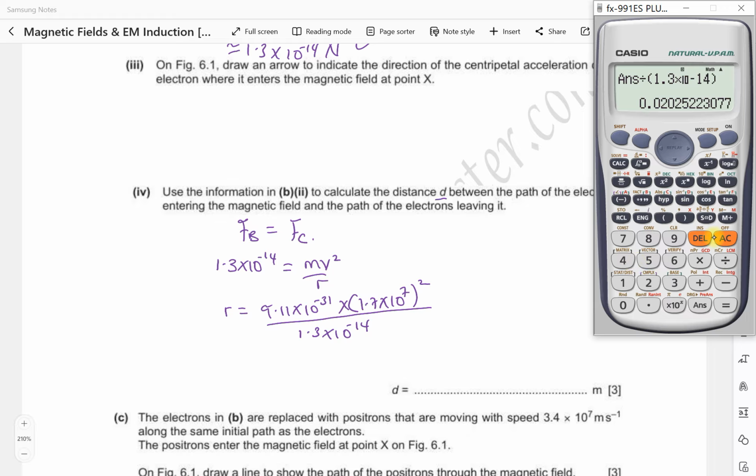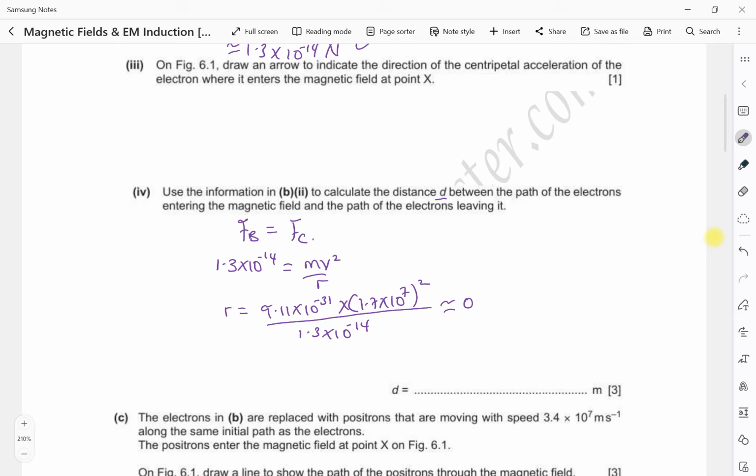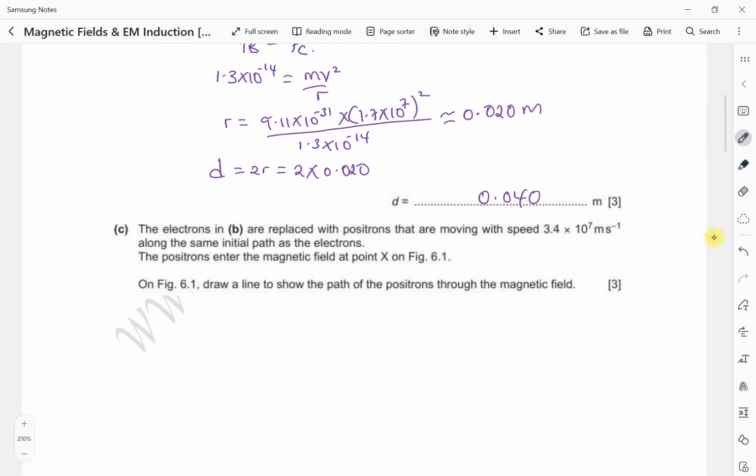So that is 0.0202, which is approximately 0.020 meters to two significant figures. So the diameter is twice r, which is 2 times 0.020. So the answer here is going to be 0.040 meters.